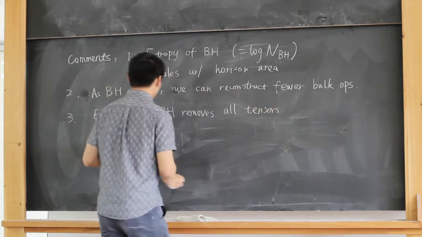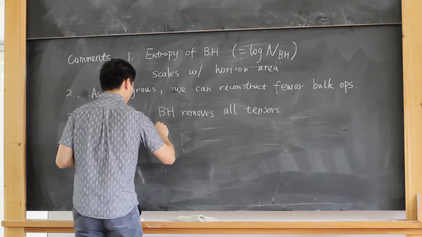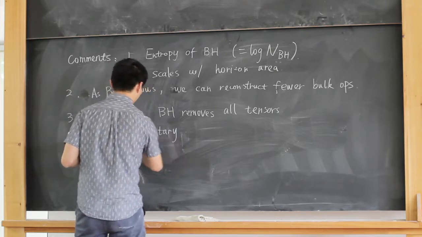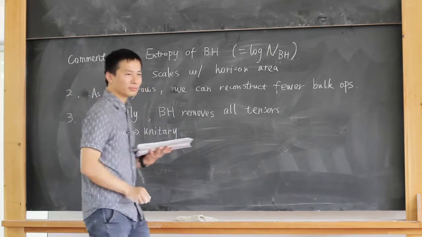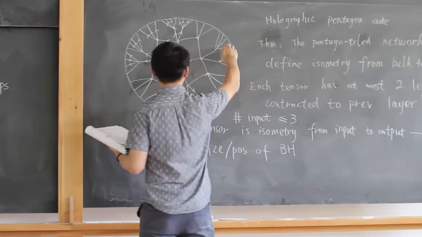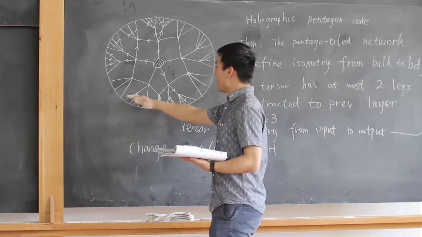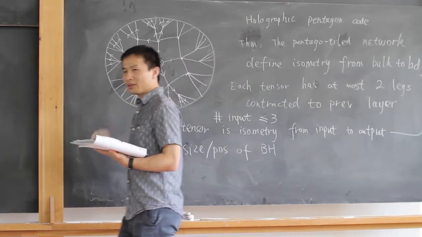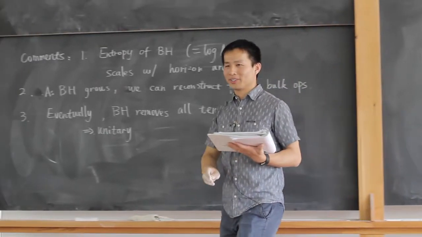We're simply left with a unitary, a one-to-one map between the bulk and the boundary. The network is essentially gone. We just have a one-to-one map between the bulk state and the boundary state.